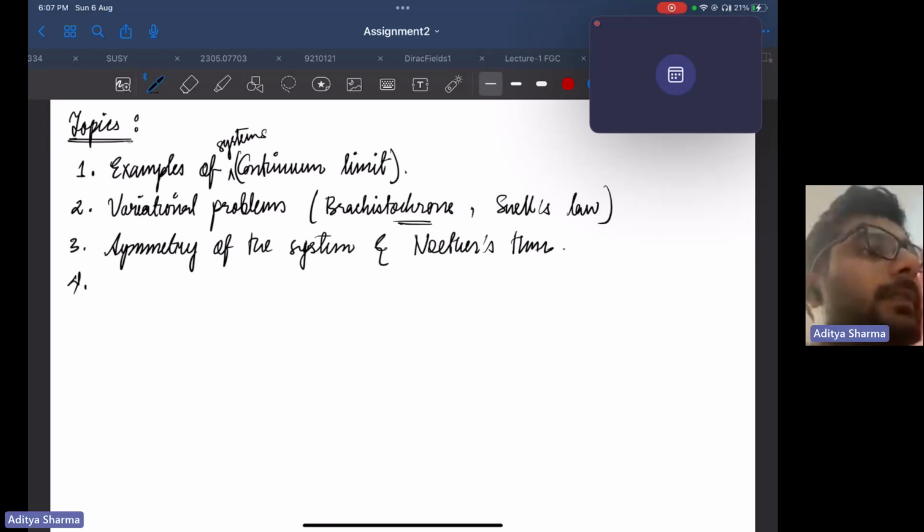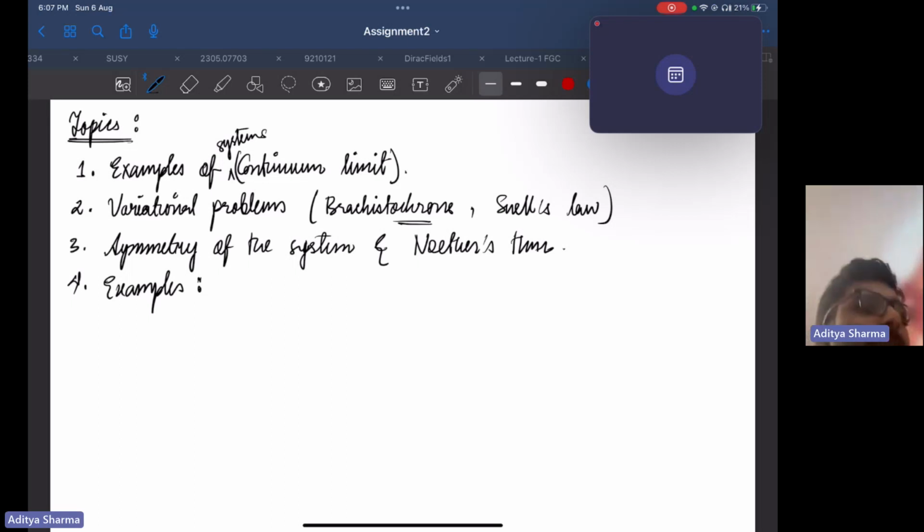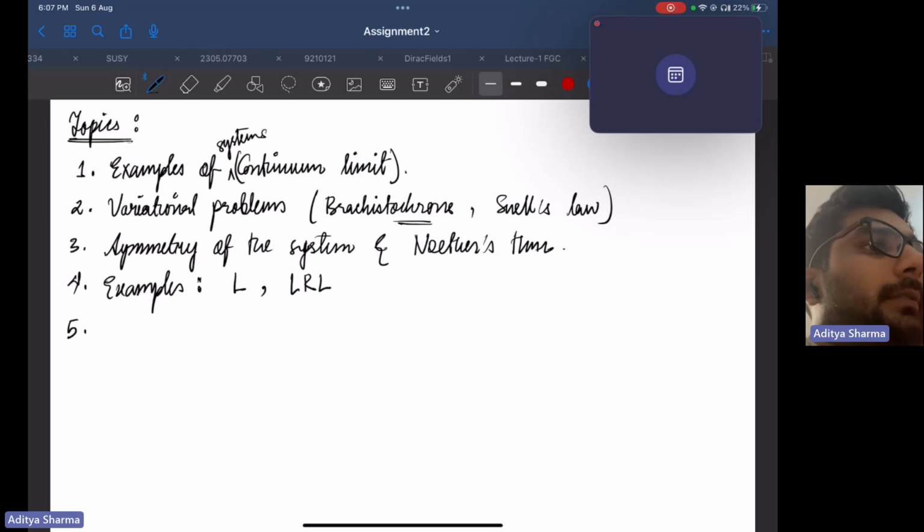We discussed some examples like angular momentum L in a rotationally symmetric system, and also the LRL vector in the case of central forces. In the end, we discussed some symmetries in field theory.